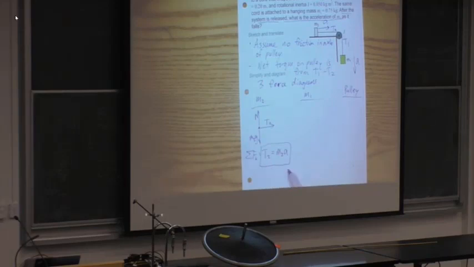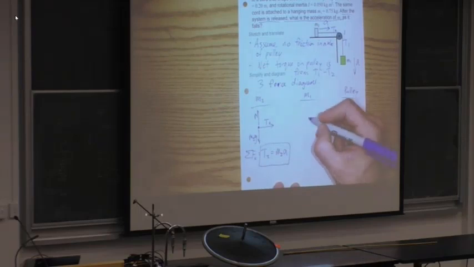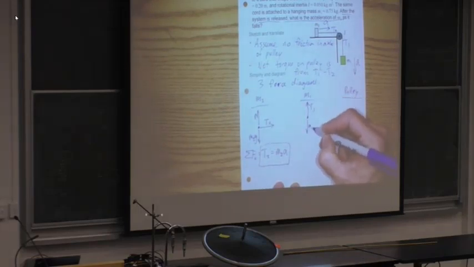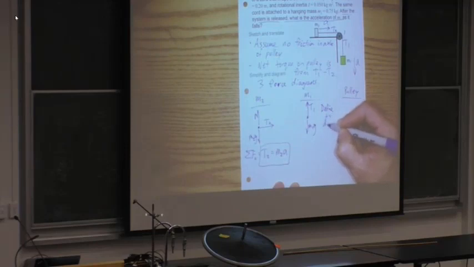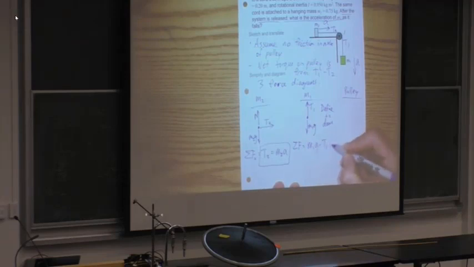It's relating the unknowns T2 and A. And then the M1 diagram, it's hanging, so you've got T1 going up and M1G going down. Now I'm going to define plus as down here. So the sum of the forces on this is M1G minus T1 is equal to M1 times A. And it's the same acceleration.